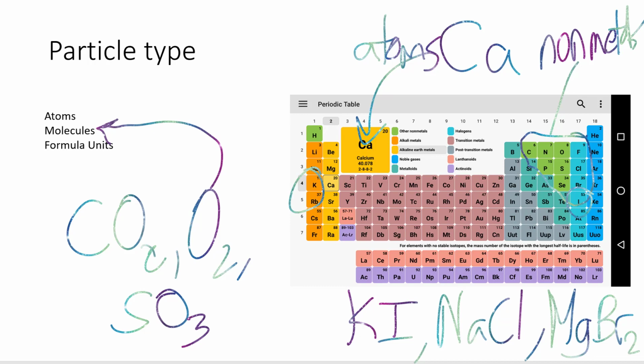I is a nonmetal, because it's on the right side of the periodic table. Na is right there, it's a metal. And chlorine is a nonmetal. Magnesium is right here, it's a metal. Bromine is a nonmetal. So metals and nonmetals together make ionic compounds, which would be termed a formula unit, or in class, you can write FU, but only as it relates to chemistry, of course.